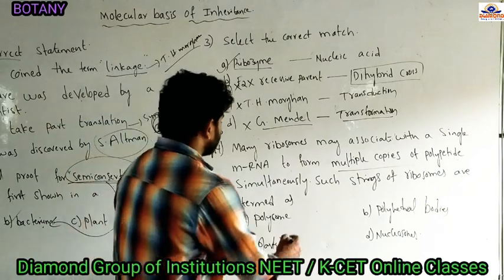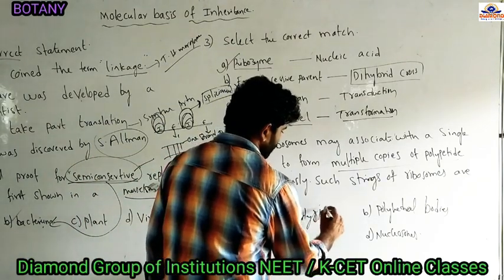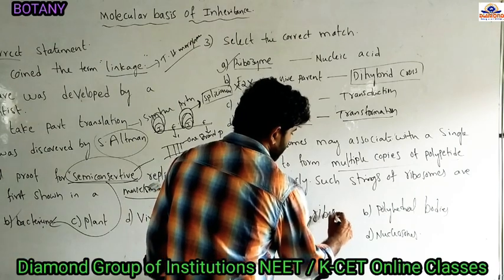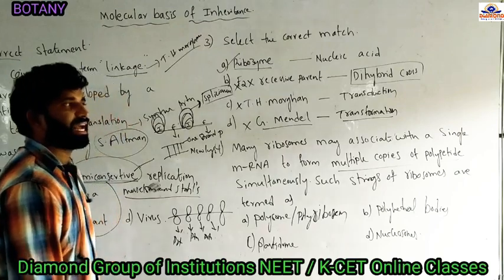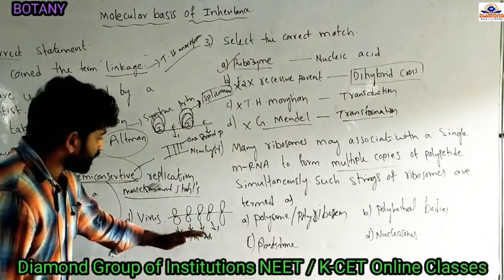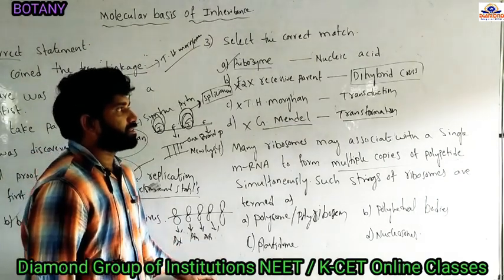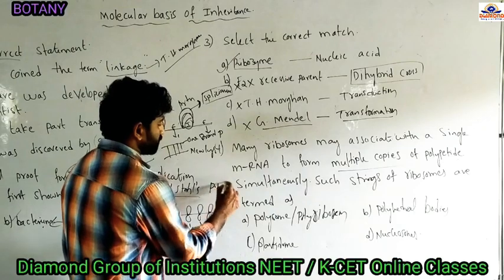Option A, polysome, is also called a polyribosome. Polyribosomes means many ribosomes are attached on the surface of a single mRNA, synthesizing many proteins from the single mRNA. It is a character of prokaryotes.